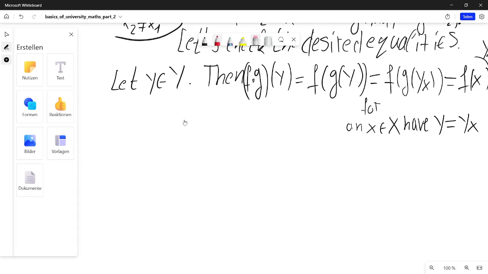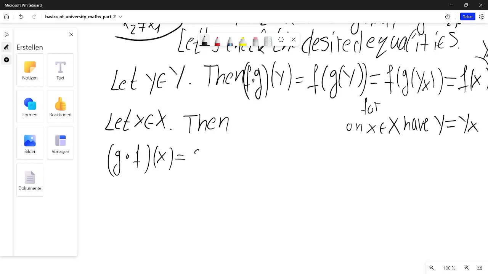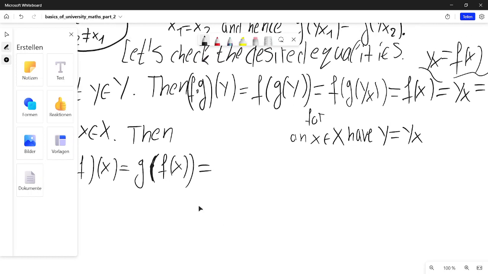Now let x be an element of X, and we have to prove the other equality, g of f of x. It is equal to g of f of x, well, just recall what f of x is.